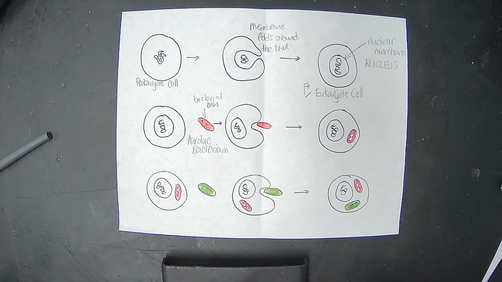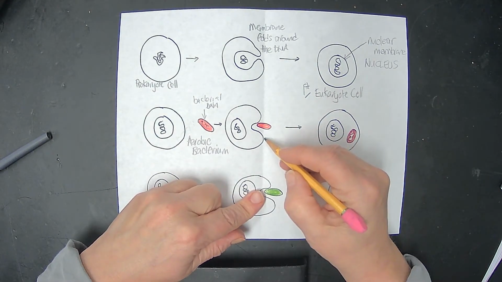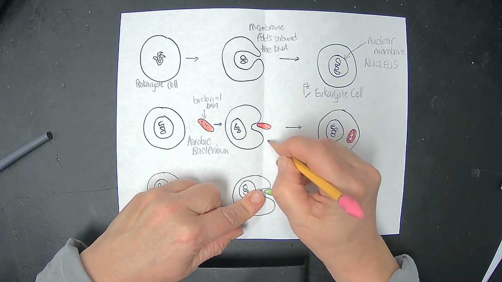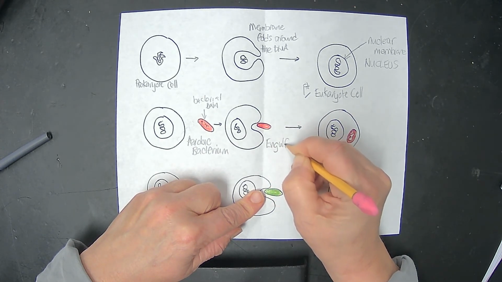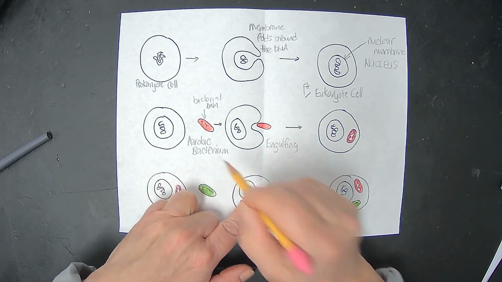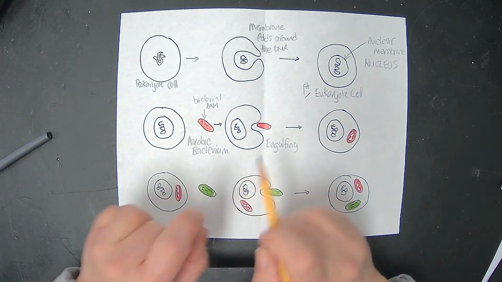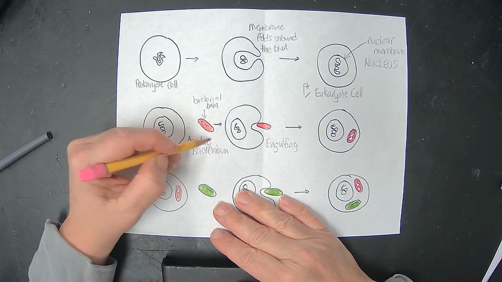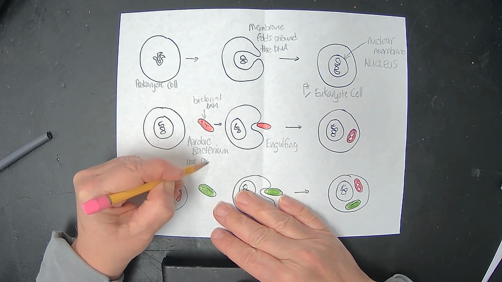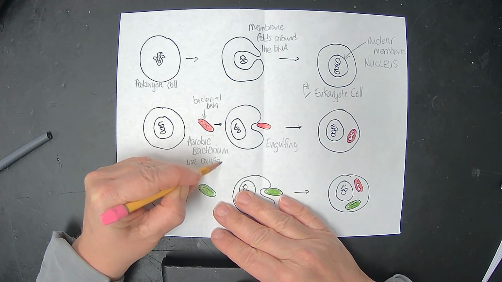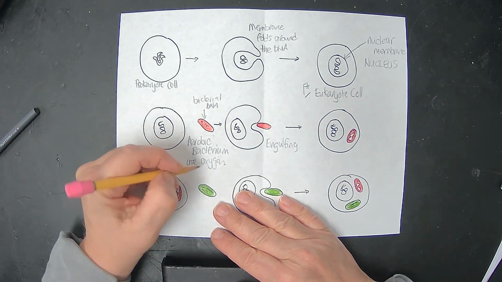And you can see here that what's happening is the membrane of the eukaryote cell is engulfing this aerobic bacterium. And I should say this, aerobic means that you use oxygen, okay? Aerobic means you use oxygen.